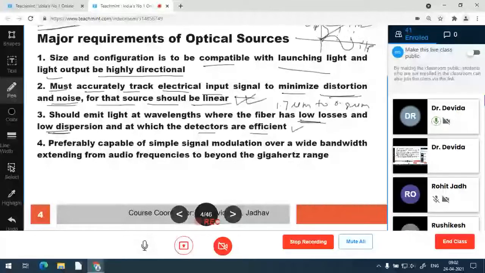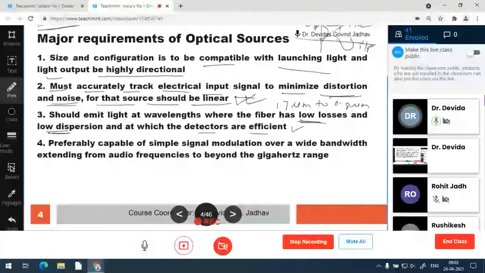If no amplitude changes or on-off changes are there, it is just a simple carrier. But the information is sent over the optical fiber cable with the help of modulation, by changing the amplitude of the light beam, by changing the phase relationship. That means if a continuous signal or a digital signal is sent, then amplitude and phase are important to maintain.